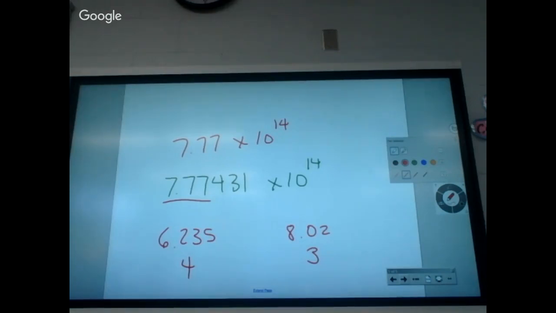So I would recommend punching it in twice, because even if you round to the correct significant digits, if you punch it in wrong, it's automatically a wrong answer. Okay? So double check yourself and make sure you calculated it correctly.